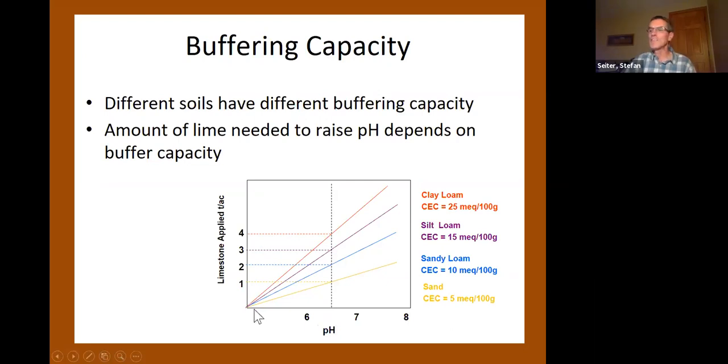But if we want to do exactly the same on a clay, we need 4 tons of lime per acre. So we need 4 times as much to have the exact same effect because of that reserve acidity, because of that acidity on our soil, and the clay soil has a lot more surface area.